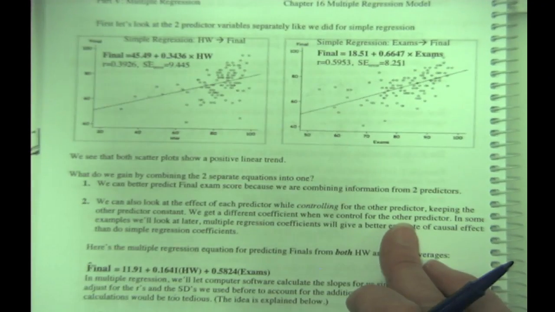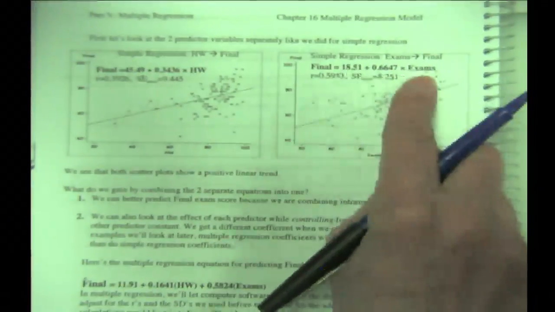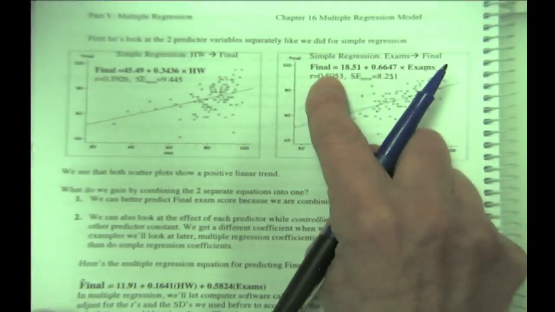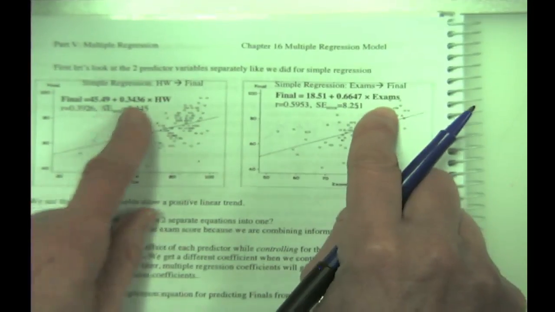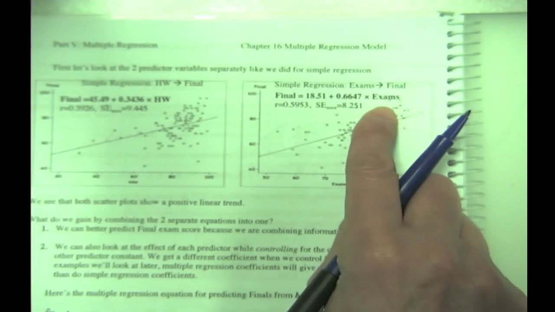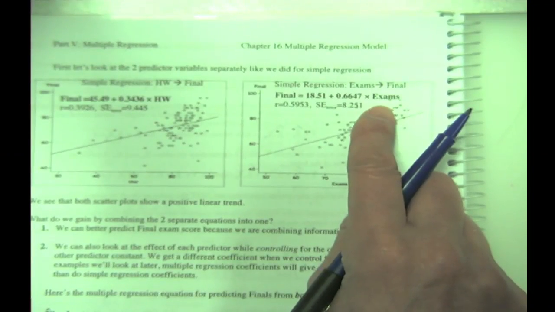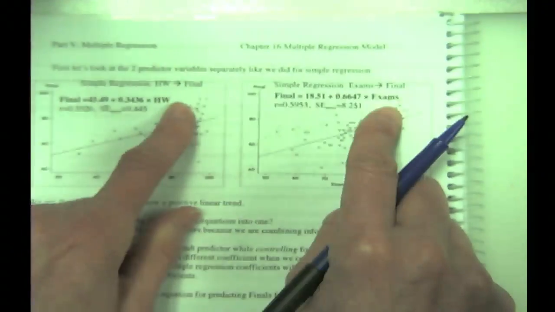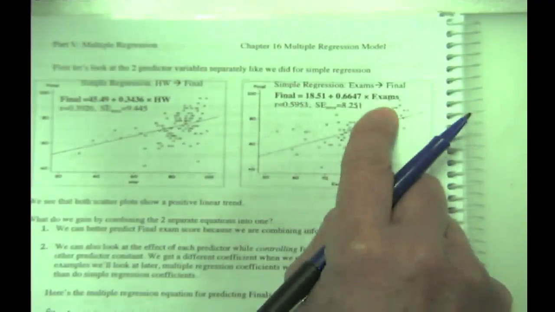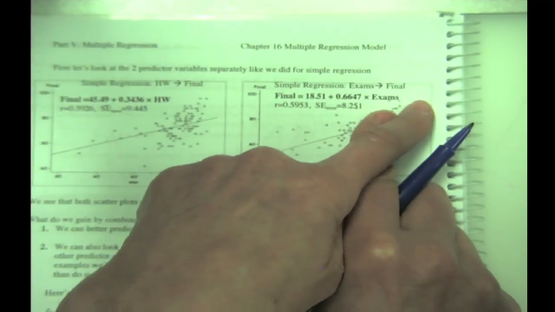How much do you add after we've controlled? Say here's our regression equation right here, and if we want to add homework in, we're not going to use that same slope, because what we're trying to do is explain or predict finals after we factor out the exams. How much does homework help?